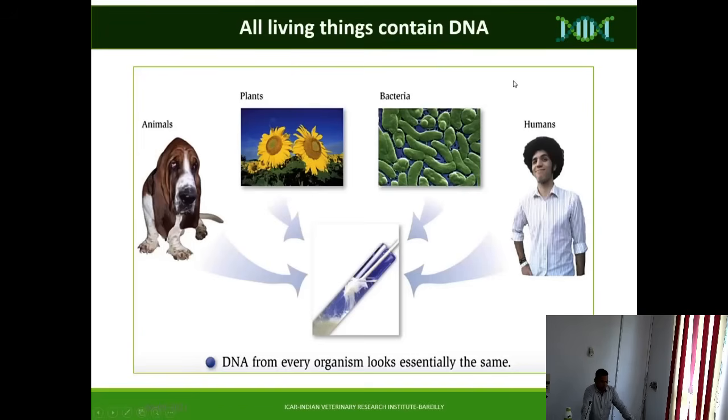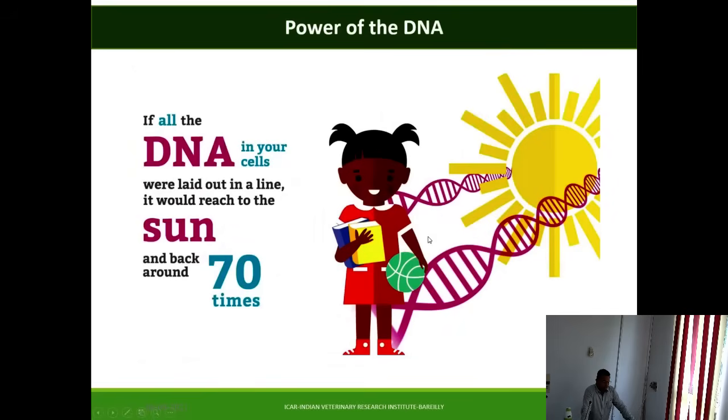Now, almost in all living things, you find DNA as the genetic material. Now, what is this DNA? If you want to know the power of the DNA, you come to know that we have somewhere around 65 trillion cells. And in those 65 trillion cells, in each cell you have 23 pairs of chromosomes if you are a human being.